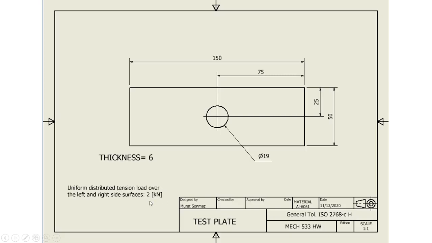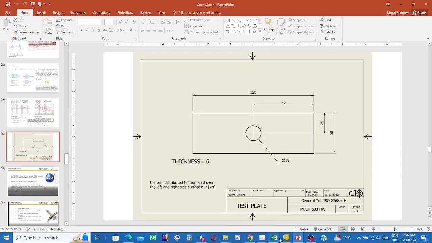The magnitude of the force is 2 kilonewtons. Okay, here, and at the opposite side, an oppositely directed force balances the effect of the first system, the other system. Okay, continue.